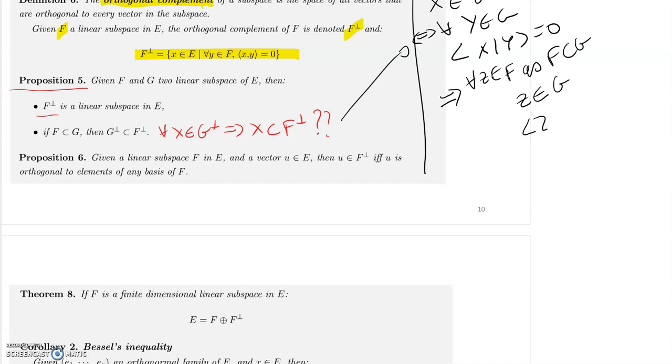We get that z with x is equal to 0, so that x belongs to F orthogonal. Okay, that's it. That's what we needed to prove.